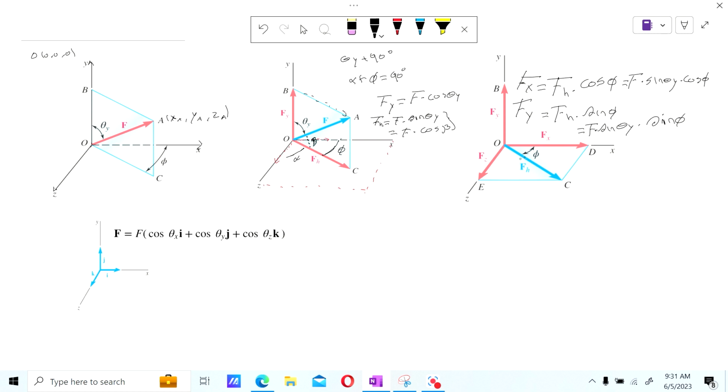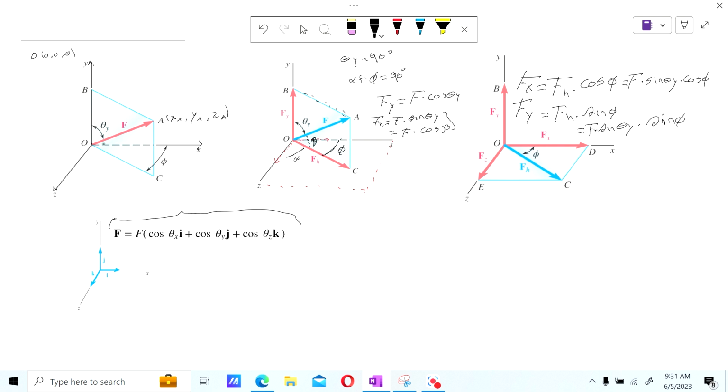Okay, so the components of this force, in terms of cosines, are the representation of the cosines of the angles with respect to theta x, theta y, and theta z. Why are we not getting that here?